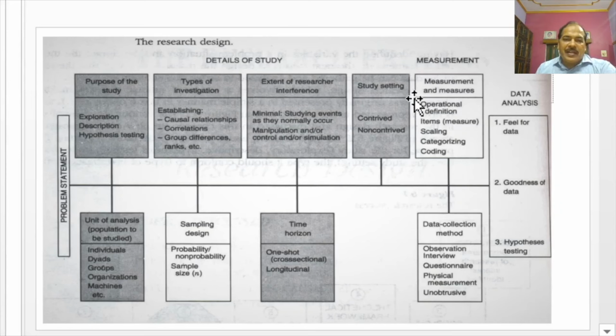Okay. If we are having discrete type of the data, in that case, paired and non-paired, we can go for the chi-square test, we can go for the Fisher's exact test, we can go for the Mann-Whitney U test, we can go for the chi-square test.